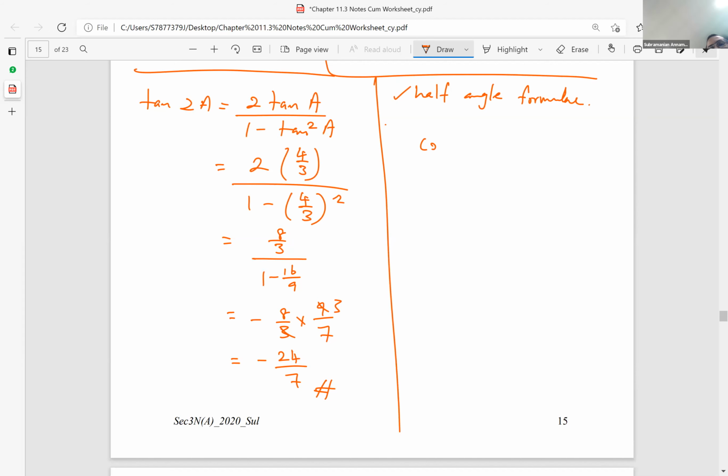Cosine B over 2. Okay, I just tried to help you out over here. So how do we get this? So I work with sine 2A equal to 2 sine A cosine A. I'm just using this identity. Okay, so in order to get this, I make this B over 2. Can you see that?